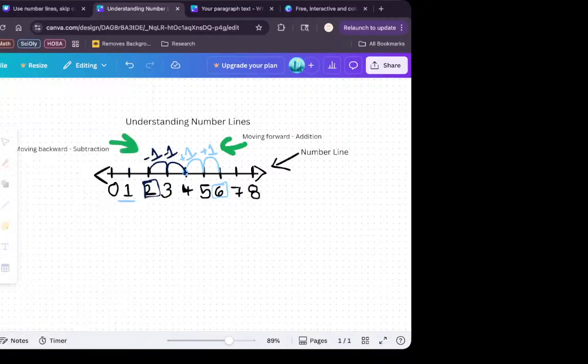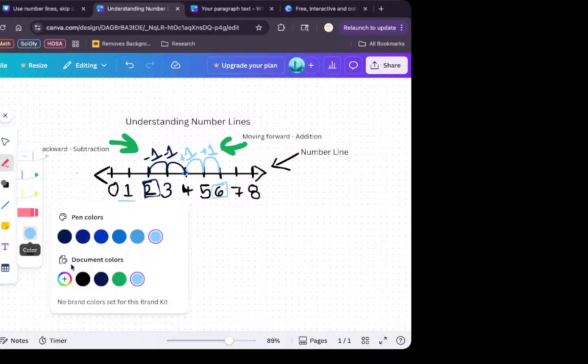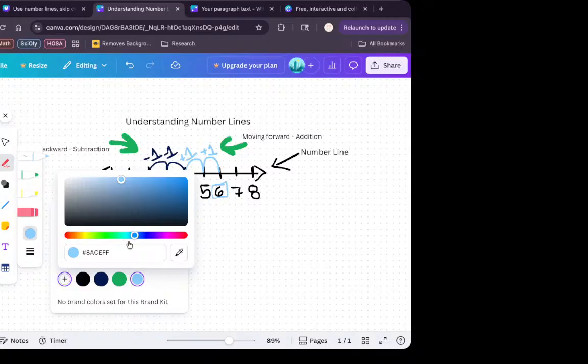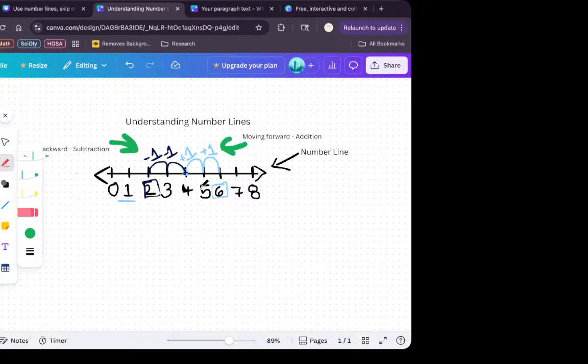Yes? How about this? This one. So 4, let's write this again. 4 plus 2 is equal to 6.